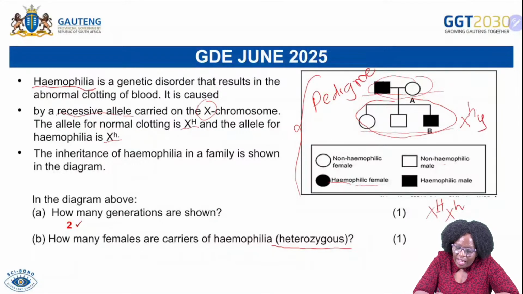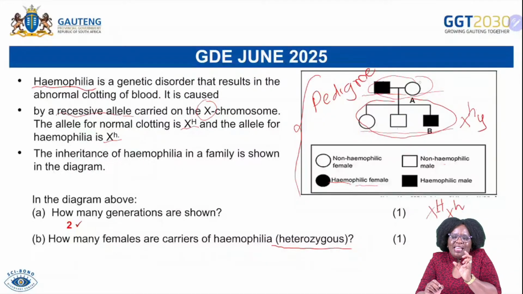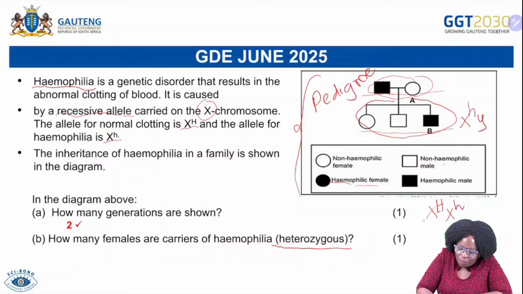But when you look at this one here, it's unshaded, meaning that this woman should have a heterozygous combination. That is why we've got the capital letter B, and this small one comes here for the male that is suffering from the condition.